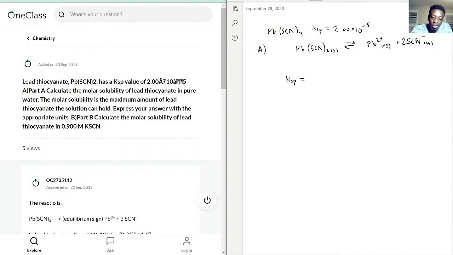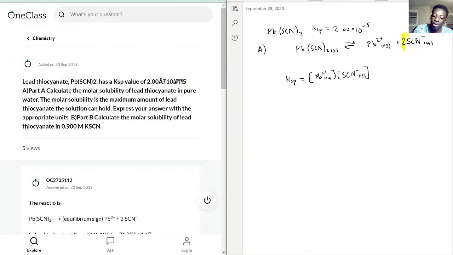Remember that the Ksp is the moles per liter of products over moles per liter of reactants, but only if they're aqueous, so we don't count the solids. So in a sense, what we really have here is Pb2+ and SCN-.